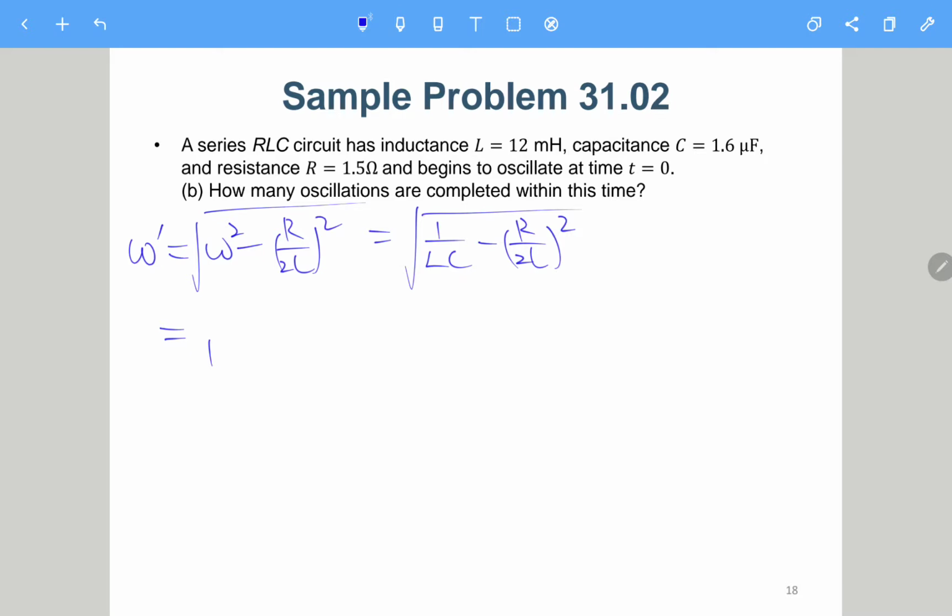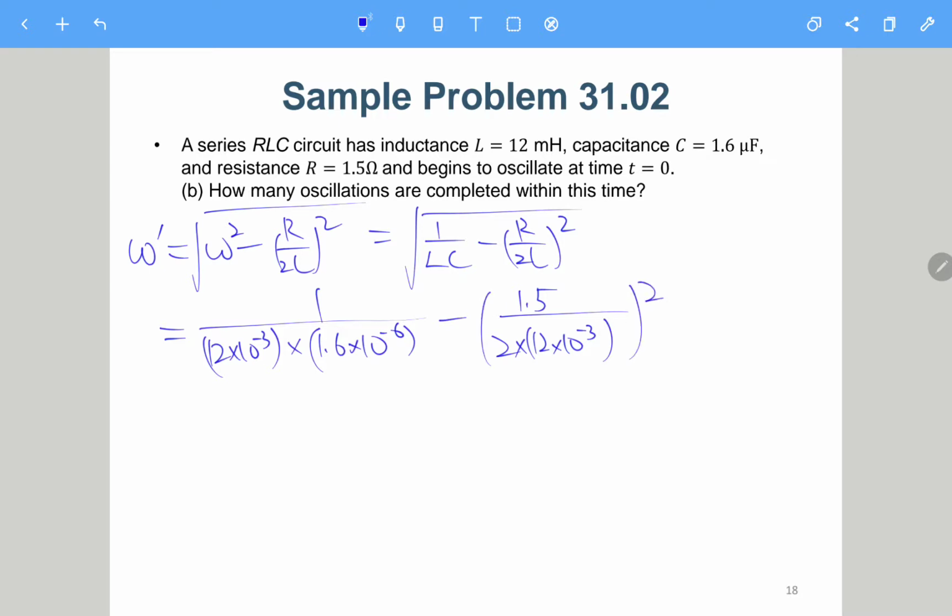L is 12 times 10 to the minus third power, C is 1.6 times 10 to the minus 6 power, and then minus 1.5 over 2 times 12 times 10 to the minus third power, quantity squared, and then take the square root.